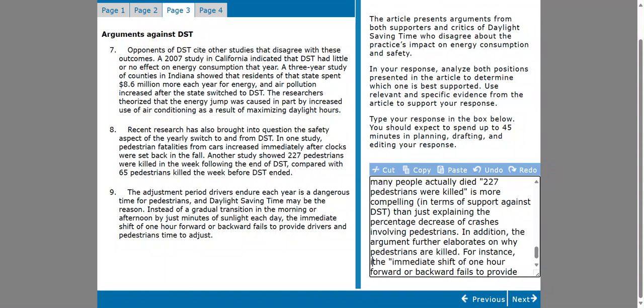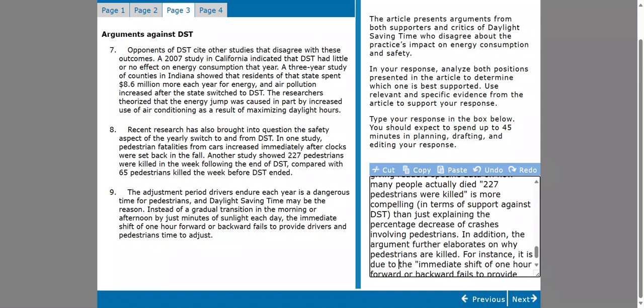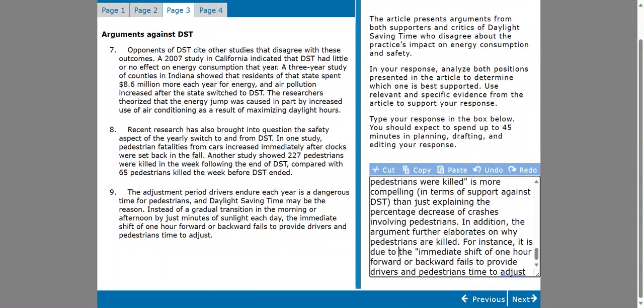For instance, it is due to the immediate shift of 1 hour forward or backward fails to provide drivers and pedestrians time to adjust.